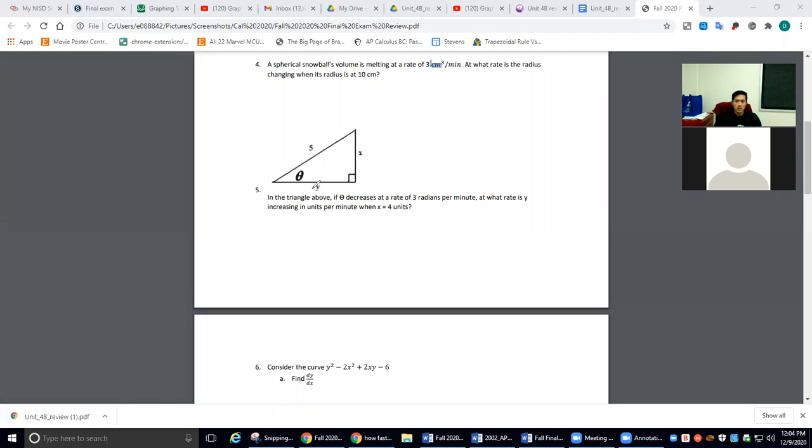Is it sine, cosine, or tangent? Tangent, correct. So then we start off with your tangent function. Tangent of the angle is equal to x divided by y. So that is your equation that you start off with.